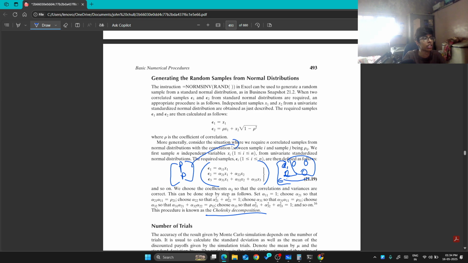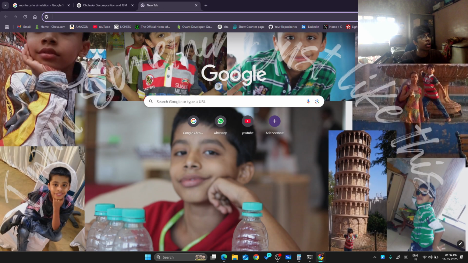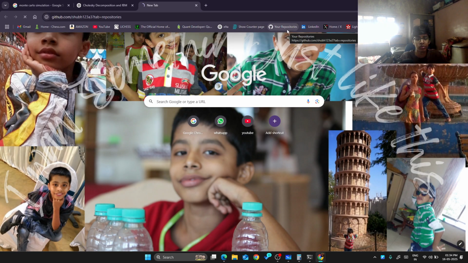Then we multiply by its transpose with the dot product, and we have a matrix of correlations for every variable, and it helps us to find correlated paths. And let me show you the project on it.